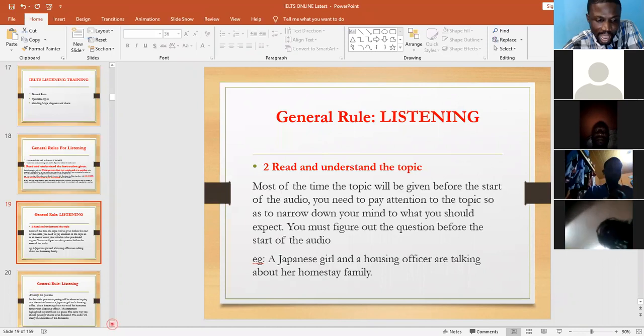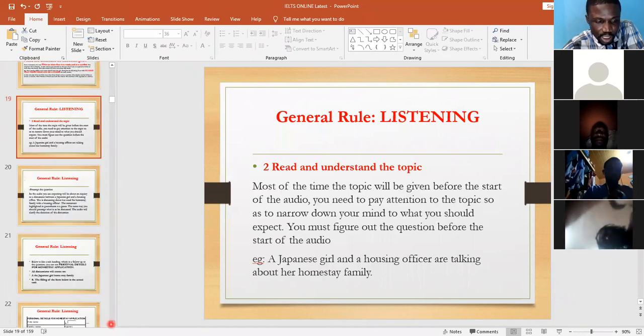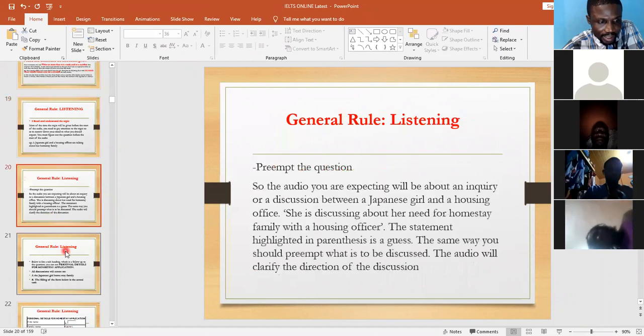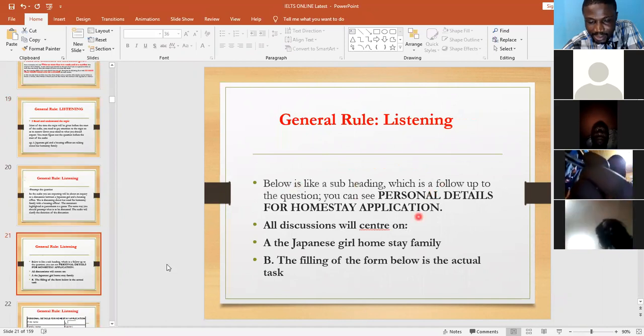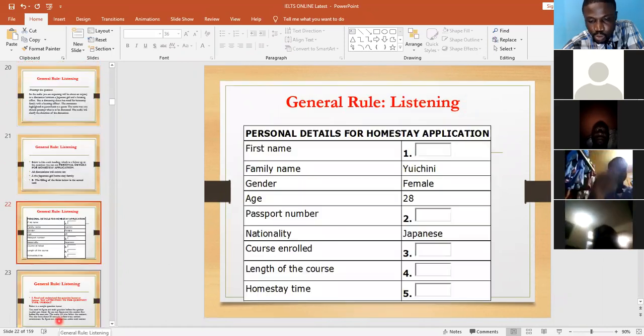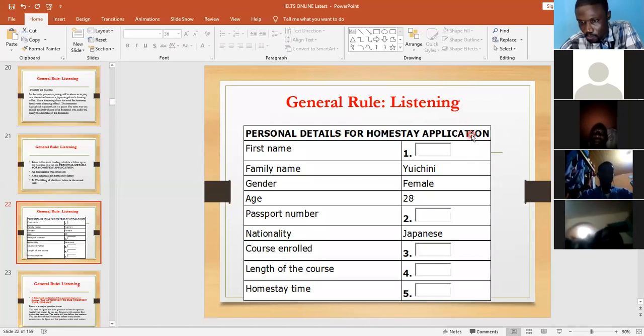So now I want to come to the third part. For example, let me jump this. Below is like a subheading, which is a follow-up to a question. You can see personal details for homestay. Let me show an example here. This is like a topic, personal details for homestay application.